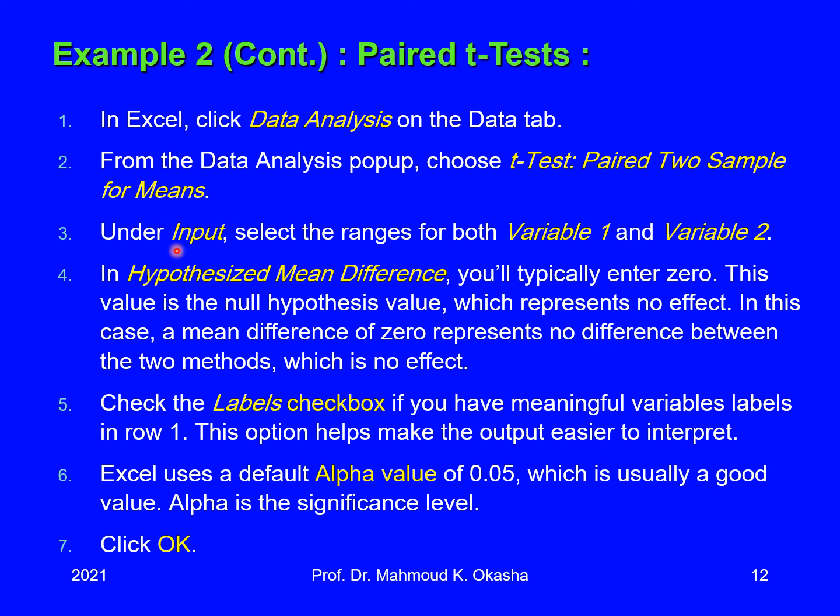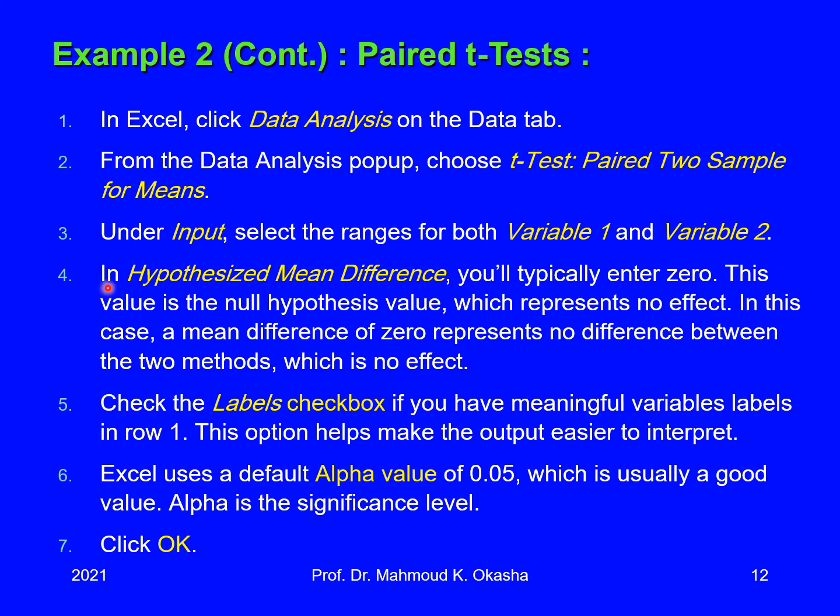Under input, you have a pop-up. Select the ranges for both variables. As before, you select the ranges for both variable 1 and variable 2. Go to the range of variable 1 and select all observations and put them in variable 1. And for variable 2, we select the range from the first to the last observation and put it in variable 2.